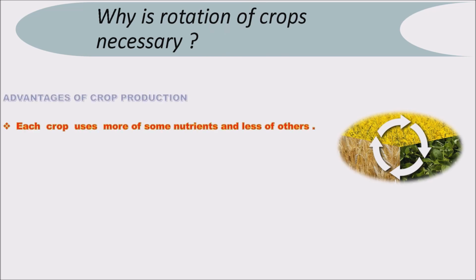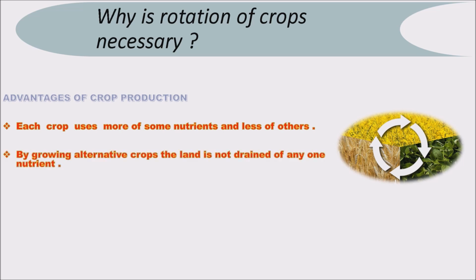Each crop uses more of some nutrients and less of other nutrients in the field. By growing alternative crops, the land is not drained of any one of the nutrients. So crop rotation is necessary to maintain the soil productivity.